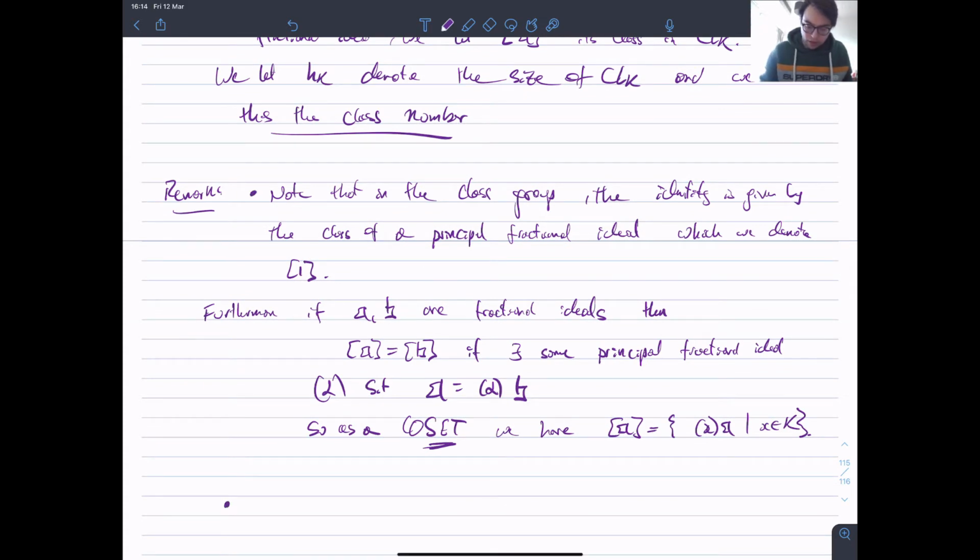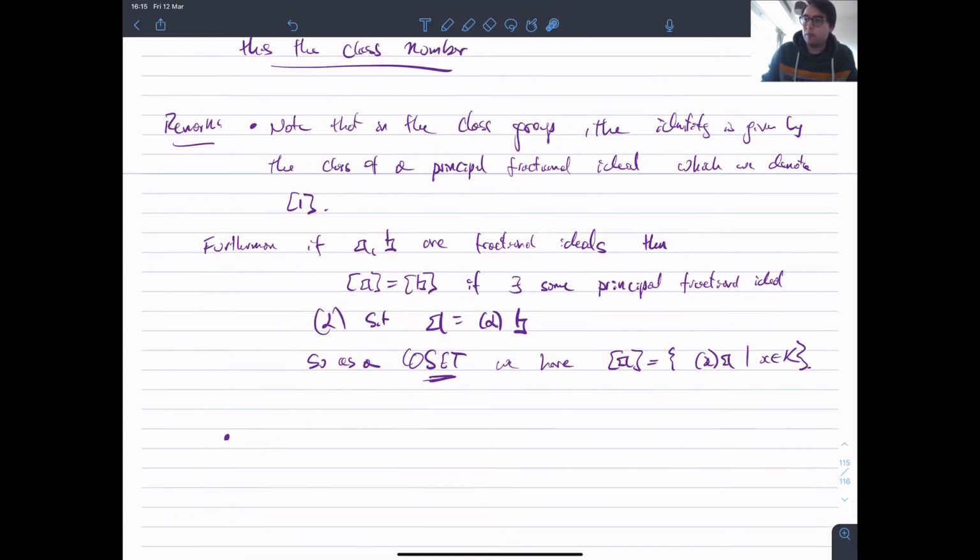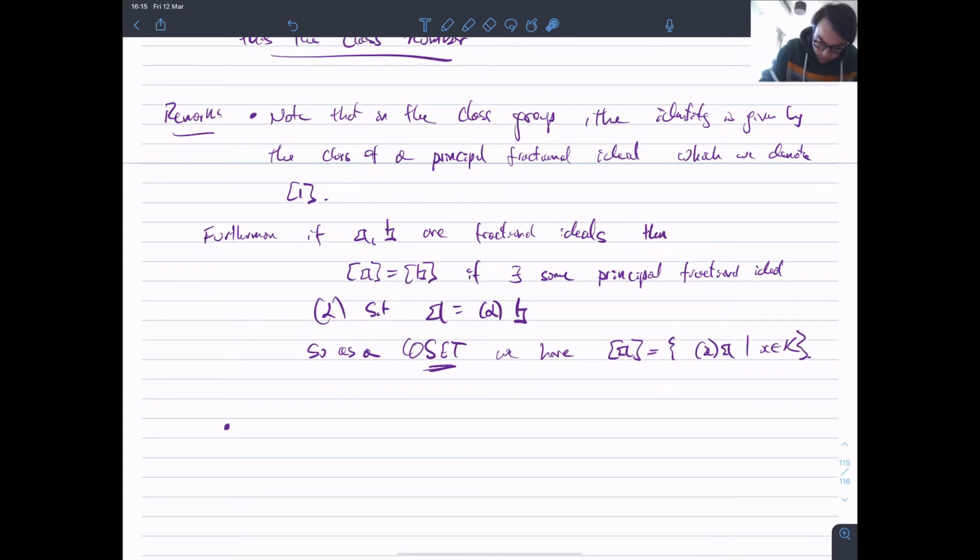All right, some more remarks. If our ring actually is a principal ideal domain, so if every ideal is principal, then this J_K is exactly P_K. So these two groups are the same, and this class group is trivial. Note that O_K is a PID if and only if the class group is trivial.